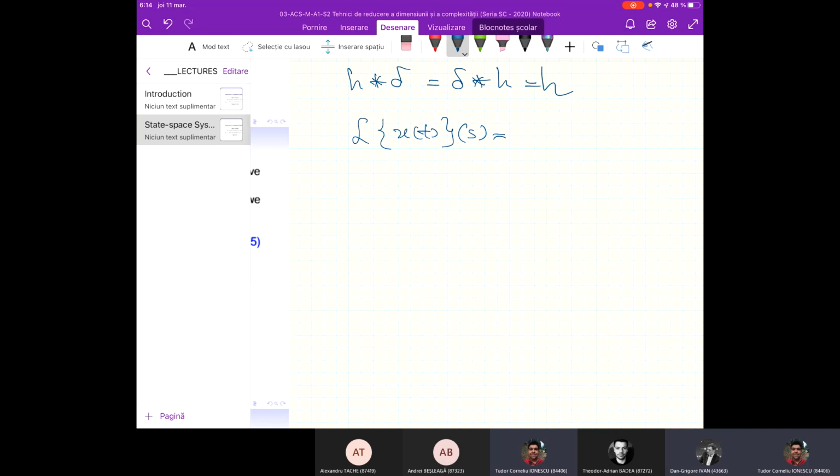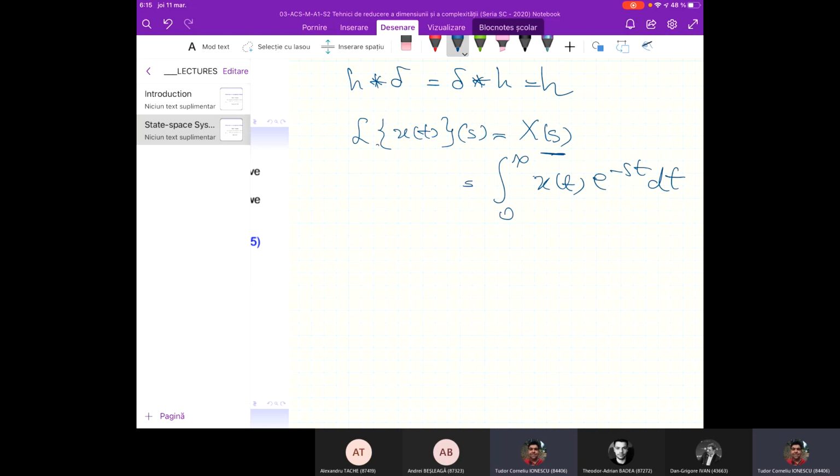It transforms the signal from the time domain to the abstract S domain, a complex function. And this is the integral from 0 to infinity of x of t e to the power minus st dt. This is the formula.